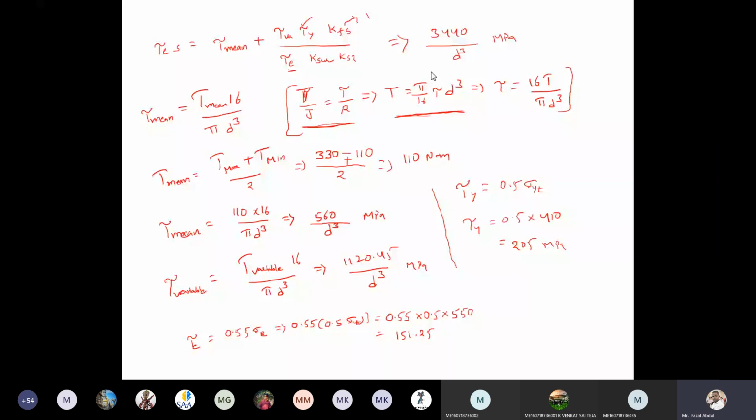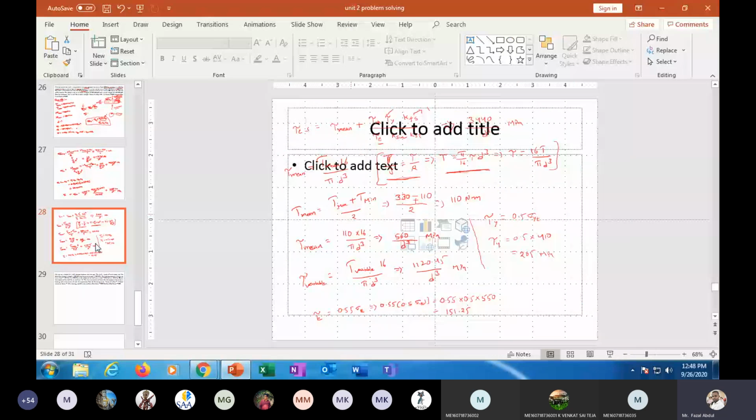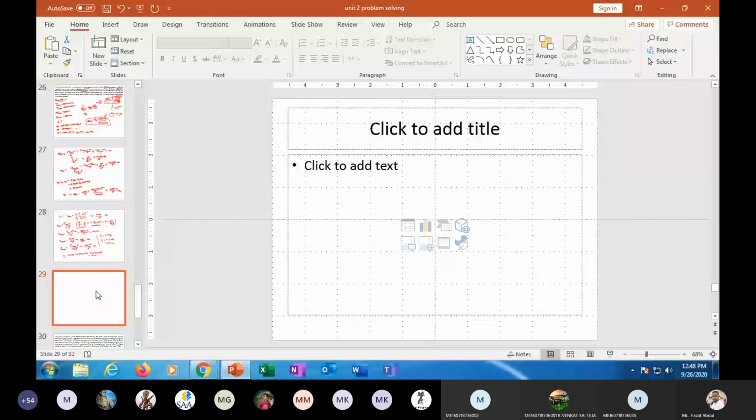So this one is calculated. What is the next step? The next step is according to the maximum principal shear stress theory.